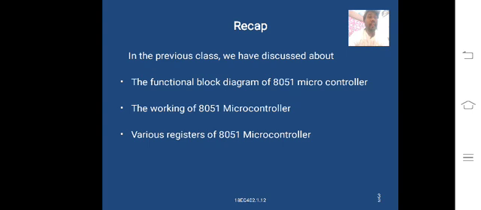It is the main important register of 8051 while doing arithmetic and logical operations. The result can be stored in the A register. That's why we call the A register an accumulator.